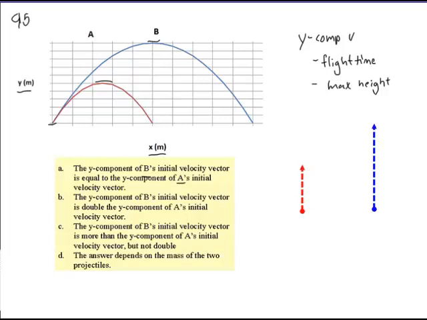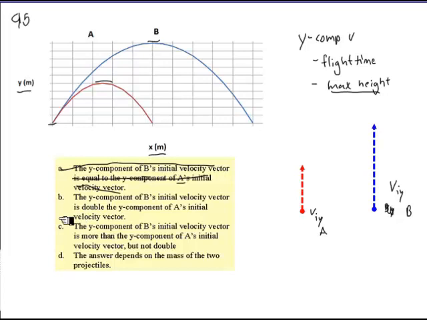And how do I know that? It's based on the fact that it had the greater maximum height. So this is V_iy for B, and this is V_iy for A. So this cannot be true. If they don't have the same max height, then they don't have the same y component.